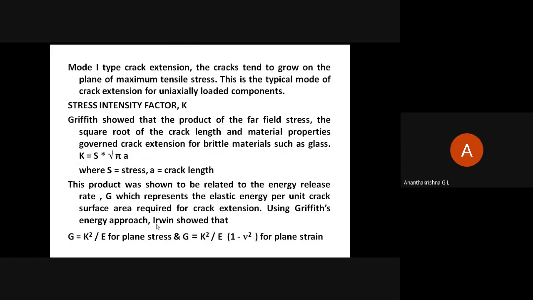This is according to Irwin. So now write down Griffith's equation, K = S root(pi a), and according to Irwin, G = K square by E for plane stress, and G = K square by E into (1 minus nu square) for plane strain. Please note down these equations.